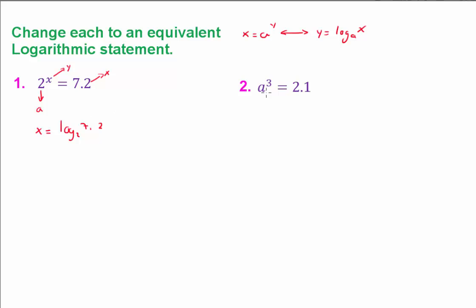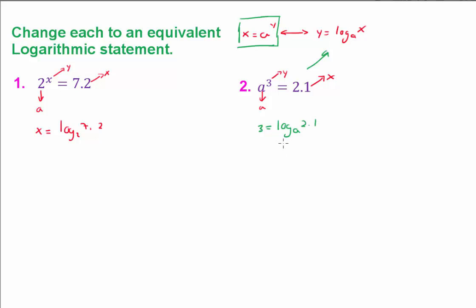Going to number 2, again my base is a, which just happens to be the same variable. My 3 in this case is y, and my 2.1 is x. Looking at the relationship above, converting to the logarithmic equation, we have 3 is equal to log base a of 2.1.